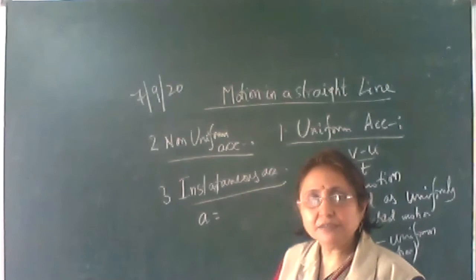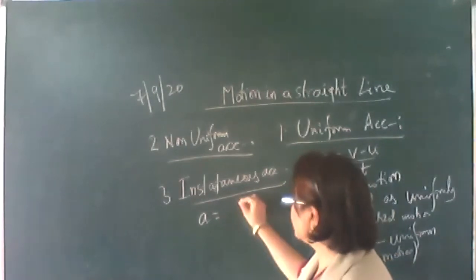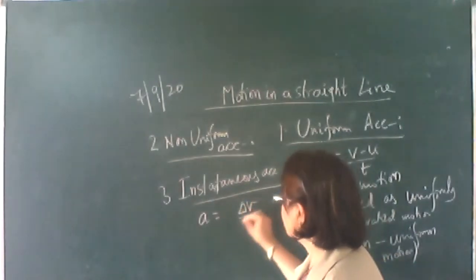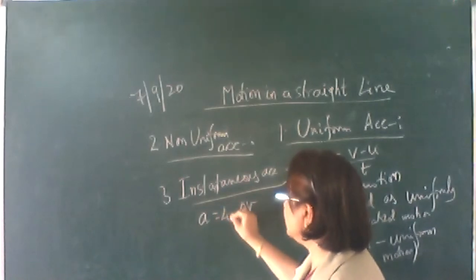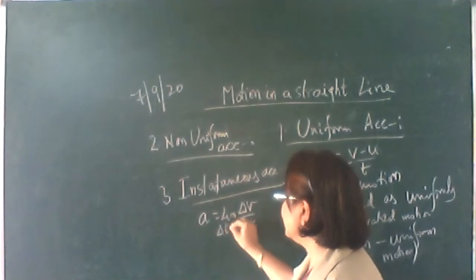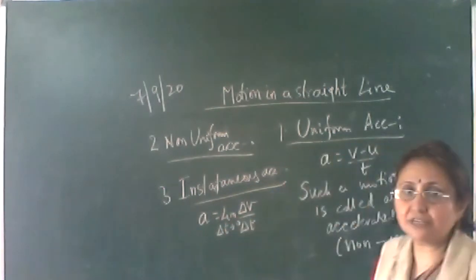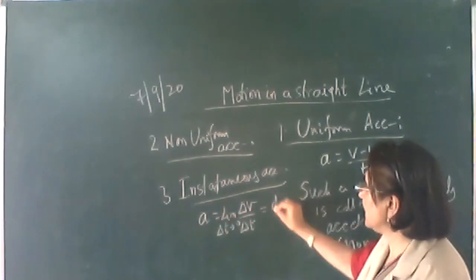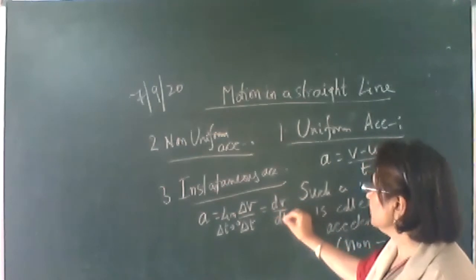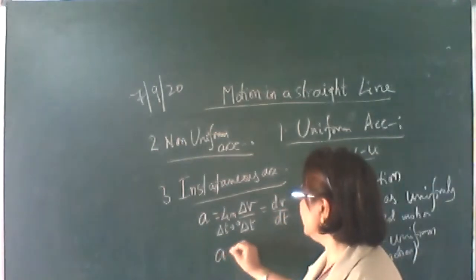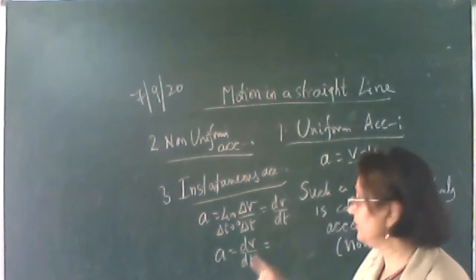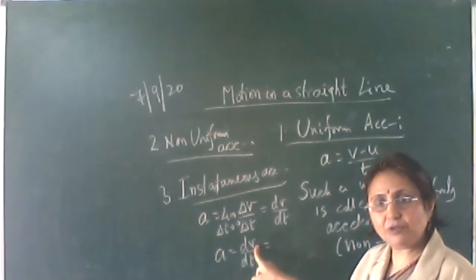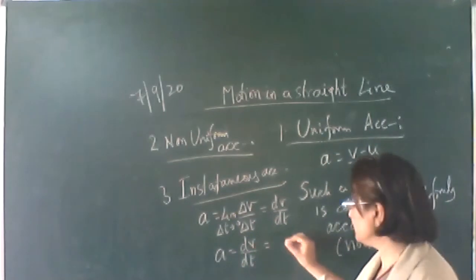Okay, we know that acceleration is the change in velocity per unit time. But if the time interval is very, very short, that is, in the limit delta t tending to 0, this can be written as dv upon dt. So the acceleration is the differentiation of the velocity with respect to time. v can be written as dx upon dt, the rate of change of displacement.